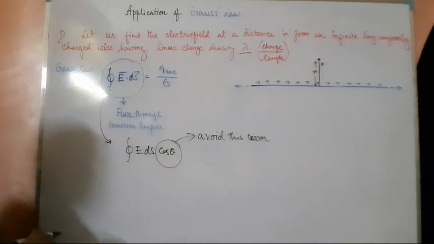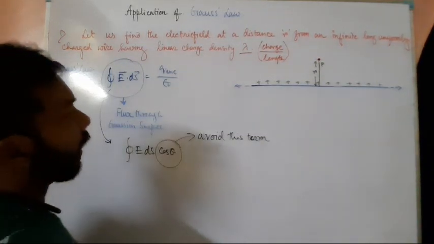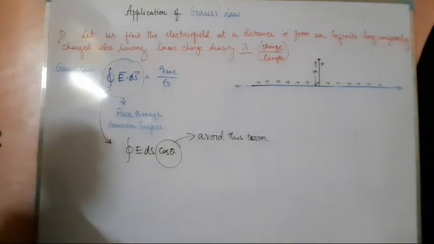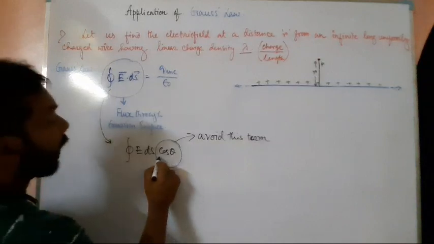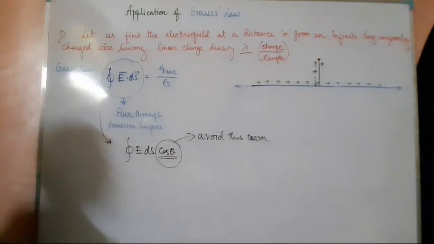So while we are choosing the Gaussian surface, we will choose it in such a way that we can avoid the cos theta term.